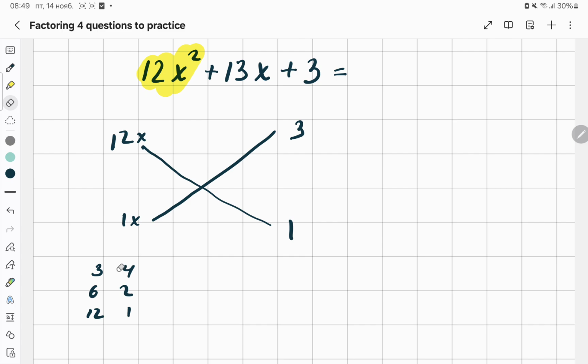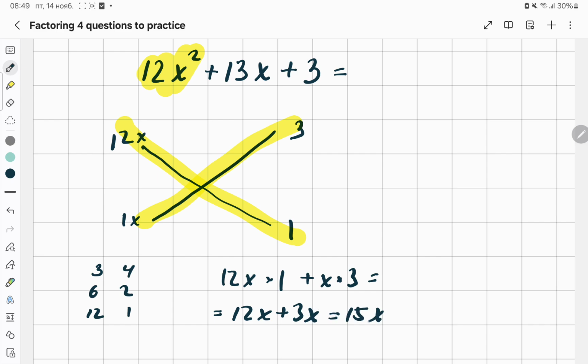Obviously, this pair is not appropriate, because we will have 12 times x times 1 and x times 3. So we'll have 12x plus 3x, yeah? So we have 15x, but we have to have 13x.